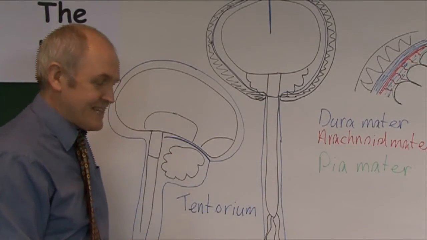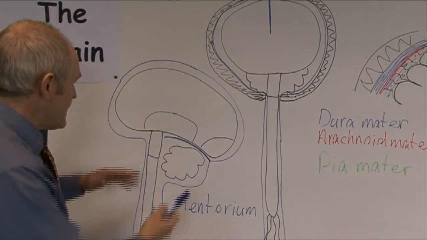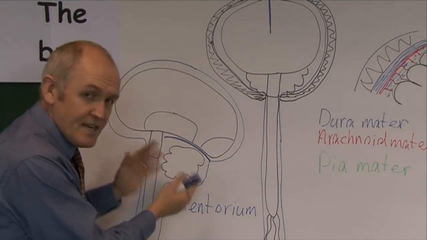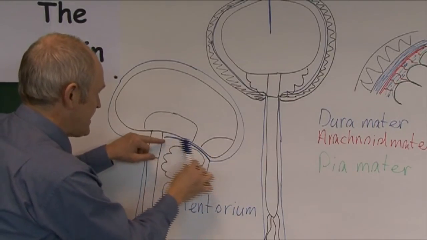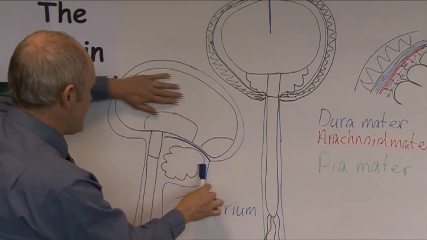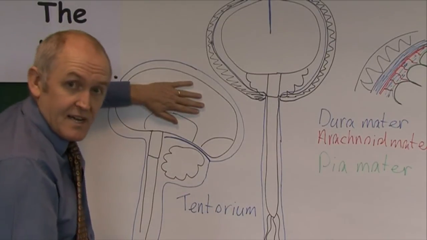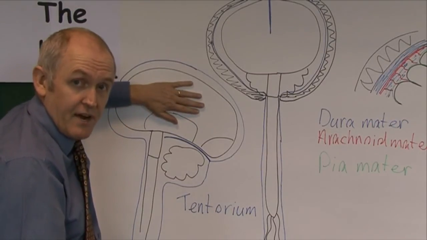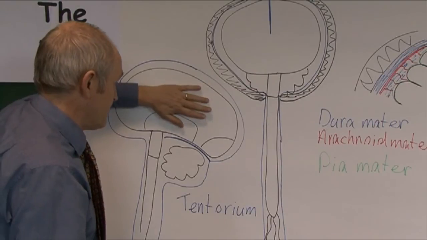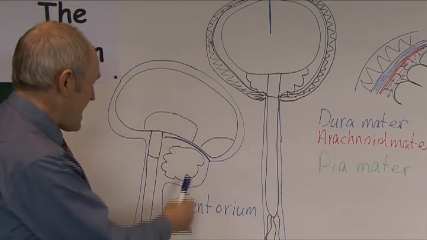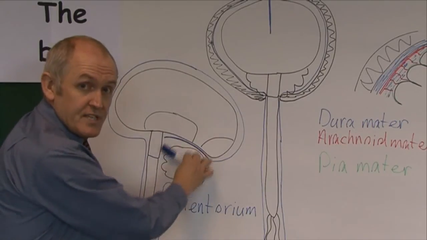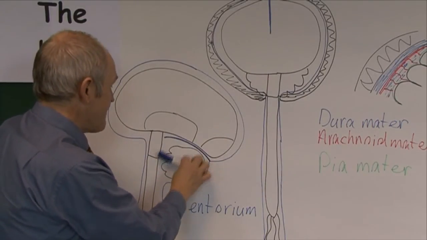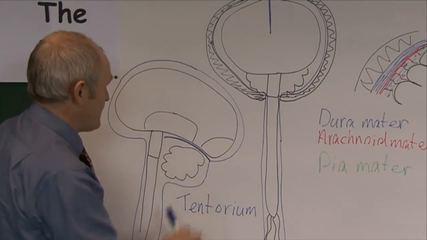Supporting the brain, protecting the brain. And this means that the cranial cavity is compartmentalised. The area above the tentorium, this area here, is the supratentorial part of the cranial cavity, above the tentorium. And this area here, containing the brainstem and the cerebellum, below the tentorium, is the infratentorial area.